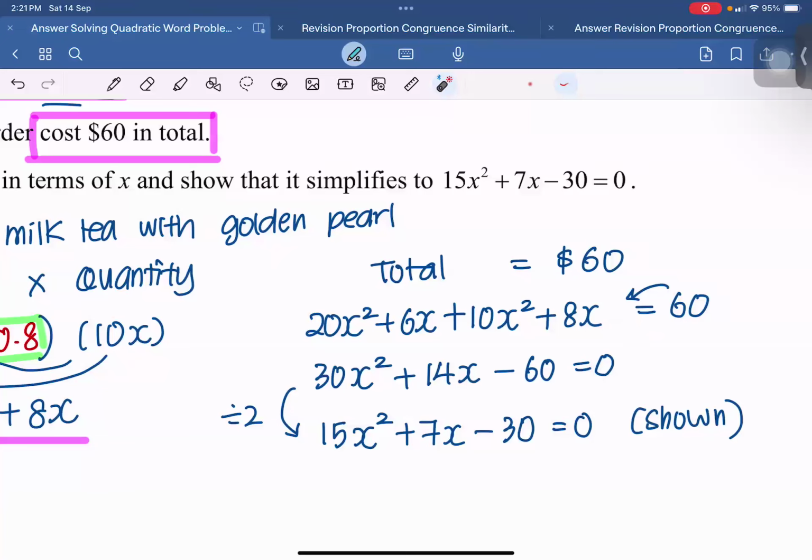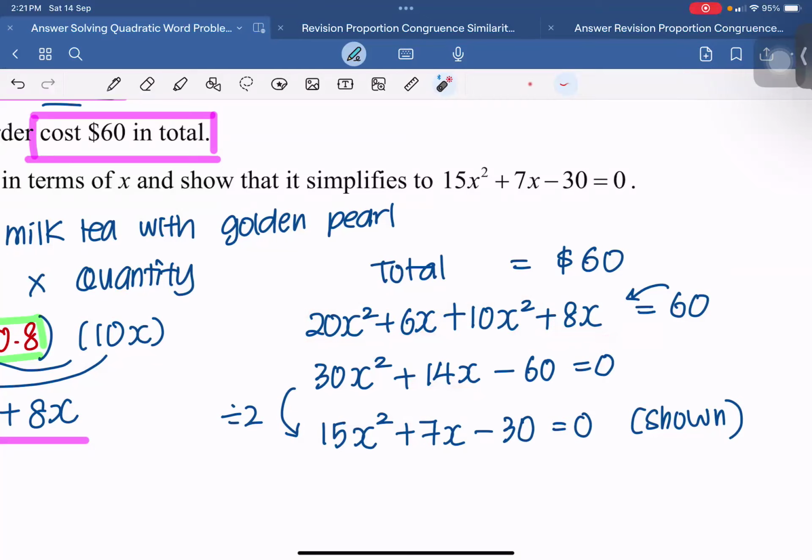Rearrange it. x squared with x squared, so 20x squared plus 10x squared will give you 30x squared. x with x, 6x with 8x, 14x. Then this is the only number, bring it over, it becomes minus 60, right?